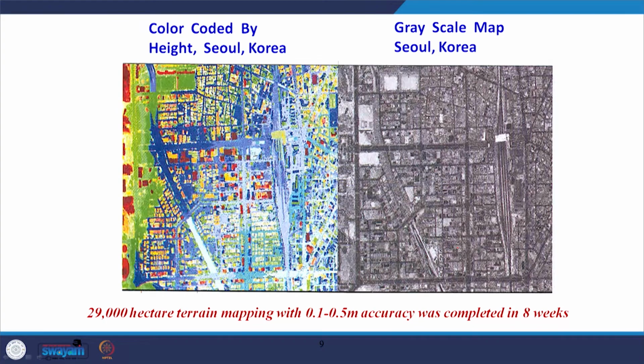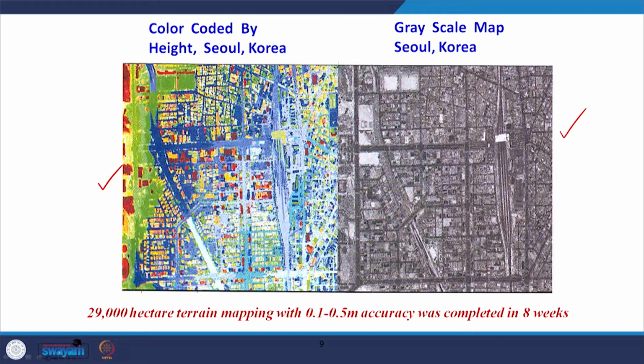If you look at the two-dimensional view of the data, this is a part of Seoul, Korea. So this is a grayscale data, representation of those millions of points in the form of grayscale, and the left side is the color coded. So these color coded data, different colors have been used to represent the data.